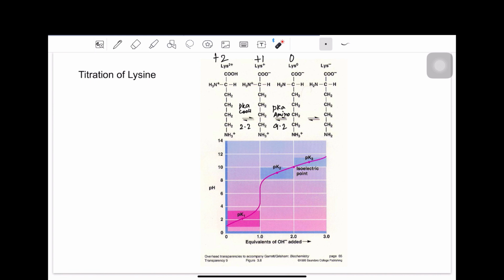And the last group to lose its proton from the lysine molecule will be this side chain amino group, right? So that will be the last part of the molecule that will lose its proton. And for the side chain, the pKa value or the pKr is given for lysine as 10.2.